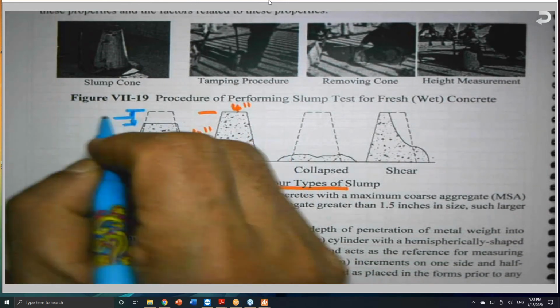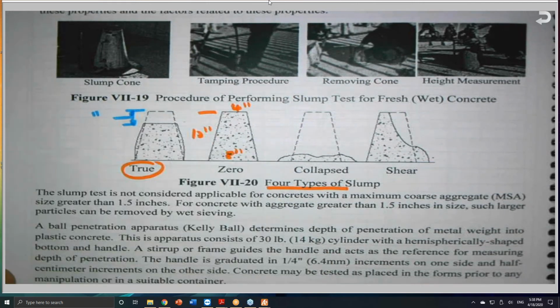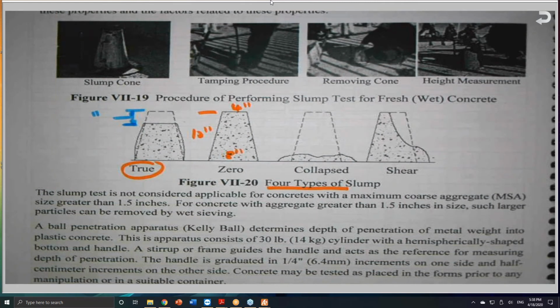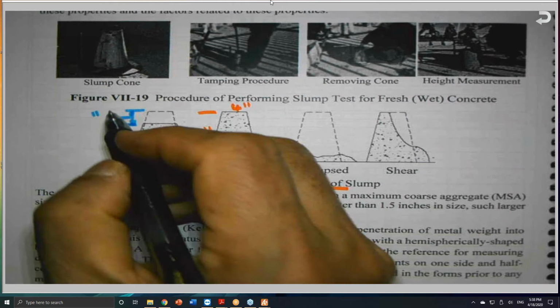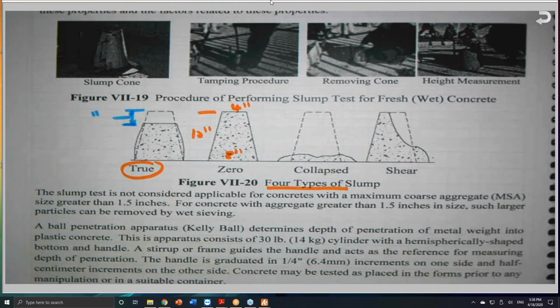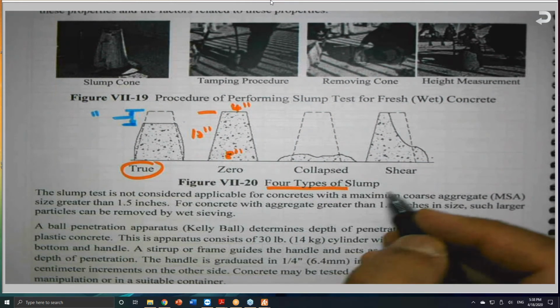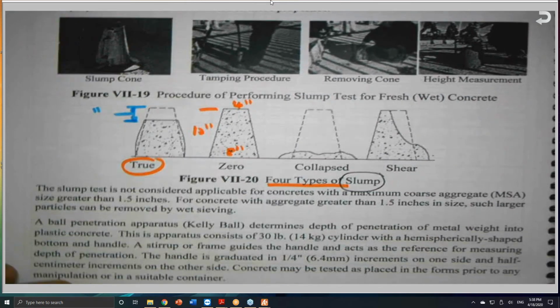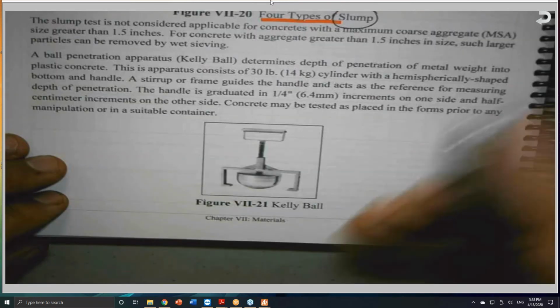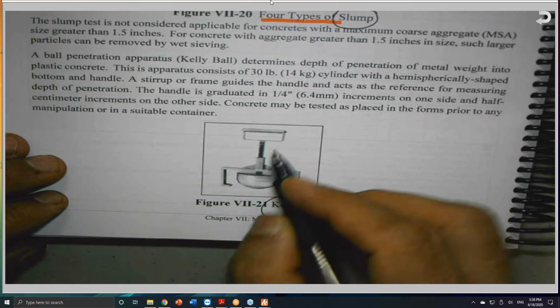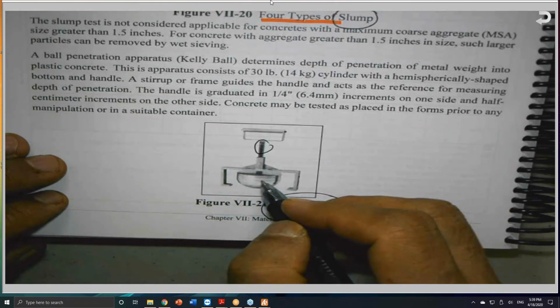How many inches is that? Based on the construction member or construction application, there is a guideline given by the ACI code. This is called the slump test. They came up with another test called the Kelly ball, where we have this graduated scale and this hemispherical ball.